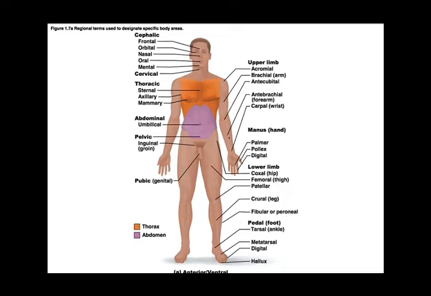Your elbow point is termed as the antecubital region. Then going further distal, after the antecubital part, it is called the antebrachial. The upper part is called the brachial, and the lower part, having the radius and ulna, is termed the antebrachial or the forearm.